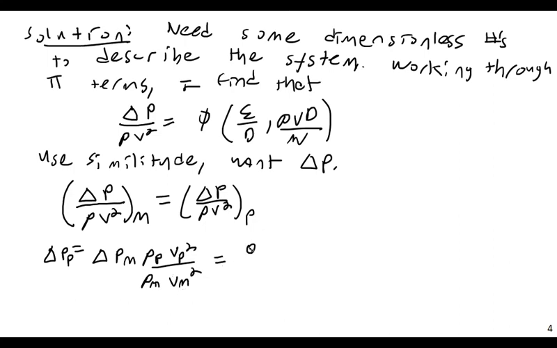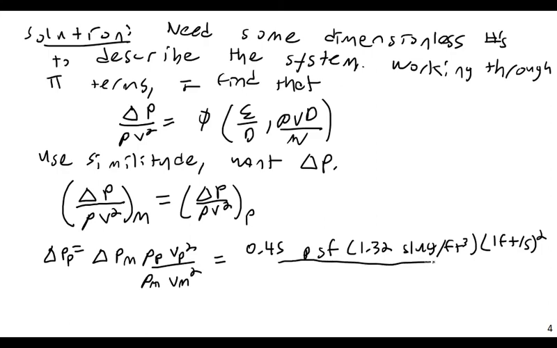So this is then 0.45 pounds per square foot times 1.32 slugs per cubic foot times 1 foot per second squared, divided by 1.94 slugs per cubic feet times VM squared.